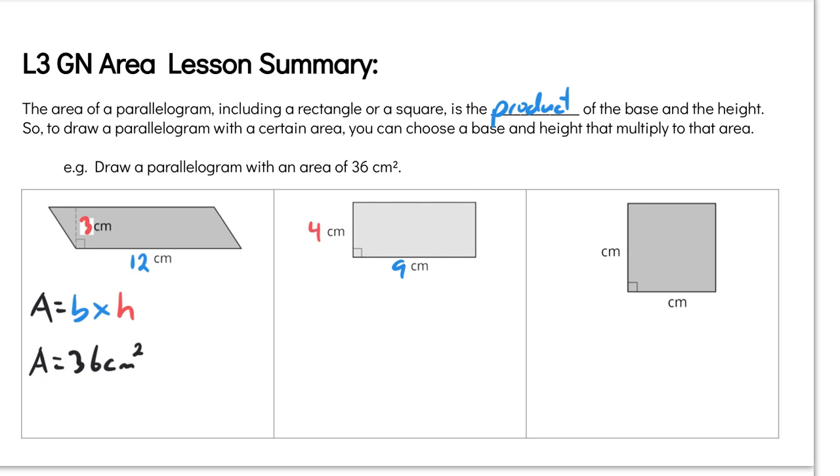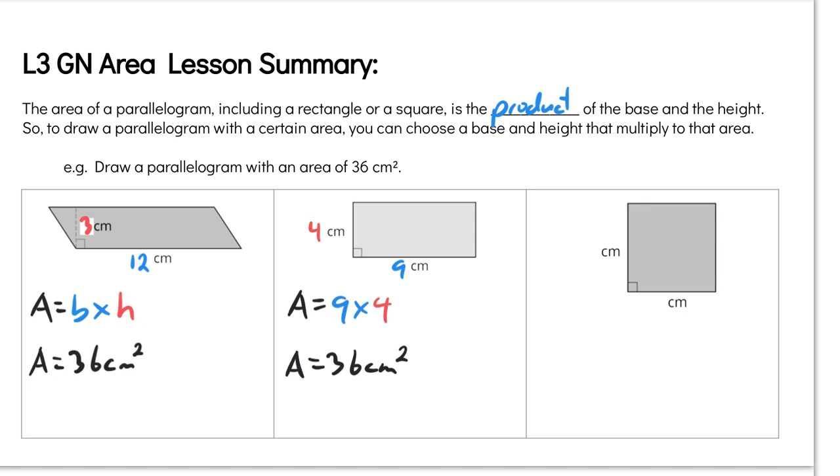It looks reasonable enough, and I know that 9 times 4 is going to be 36, according to this, right? If the area is going to be the base, which in this case is 9, times the height, which in this case is 4, then the area still is going to be 36 square centimeters.